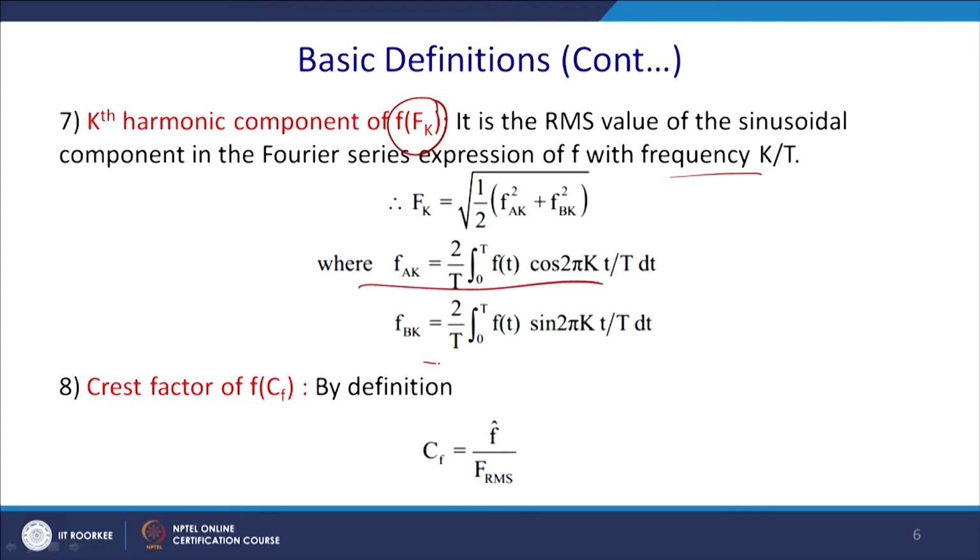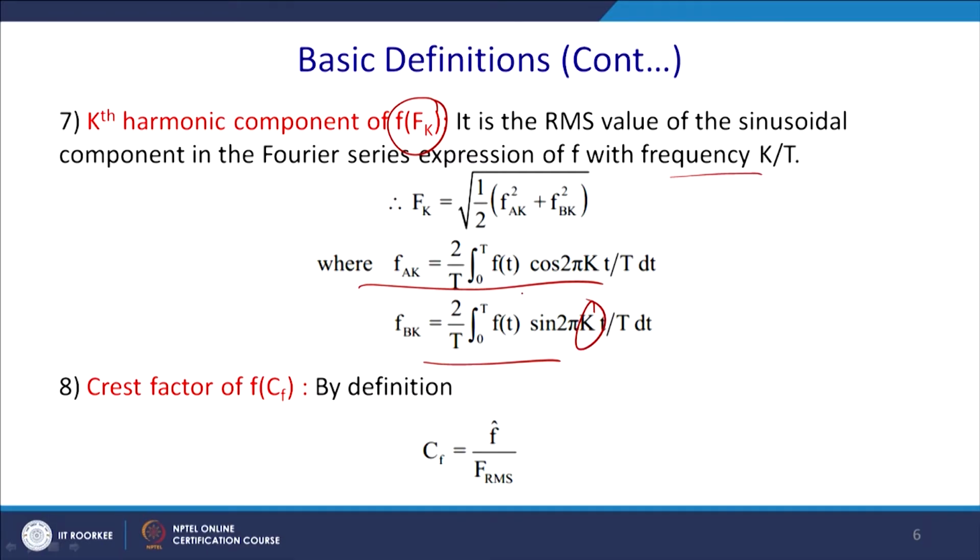From there we can calculate Fak equal to 2 by T, integral 0 to T, f(t) cos 2 pi k t by T dt. Similarly, you can have the sine term, 2 by T, integral 0 to T, f(t) sine term.